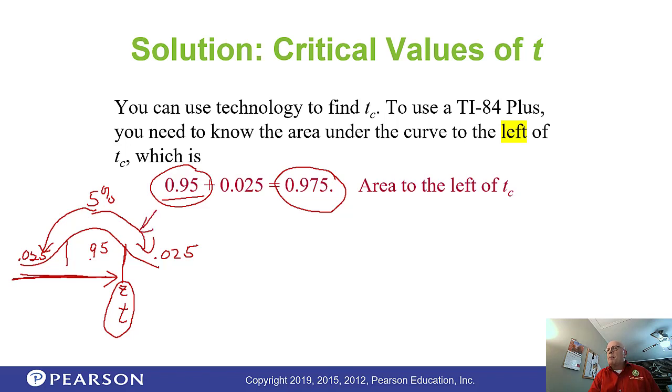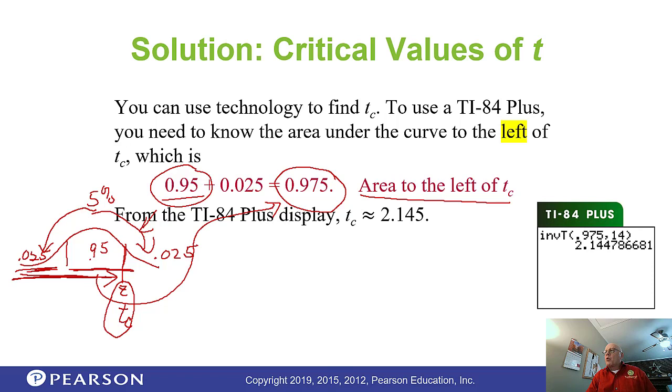Draw the picture for confidence intervals. That number you get for the confidence is right in the middle. Split the difference from 1 to the two sides. So 95 here, 5% in both of these, divide by 2, and then add this part and this part together to find what you're going to put in the calculator for the area. And that needs to be to the left of t sub c, which is this one right here.